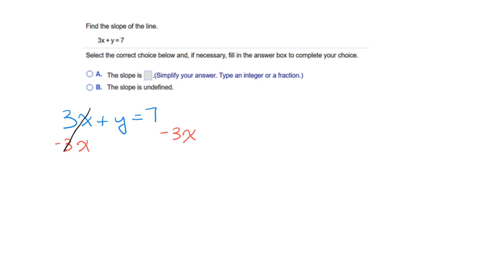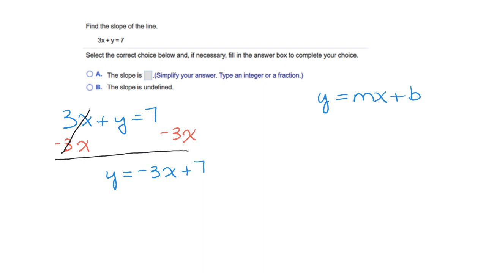So 3x minus 3x will cancel out, and that leaves me just y on the left-hand side, equal to negative 3x plus 7. Once again, I'm trying to put it into slope-intercept form, y equals mx plus b. Now that I have y isolated, I can look at the number in front of x, and that would be my slope. So for the slope of this line, we would choose answer A, and we would put negative 3.